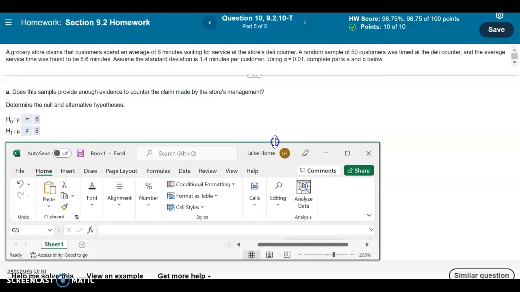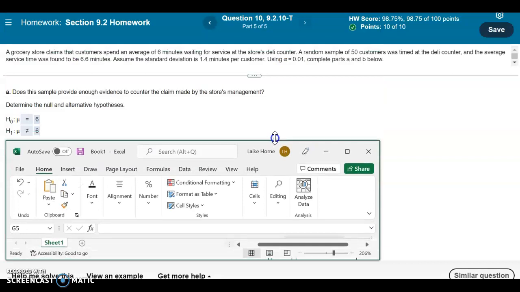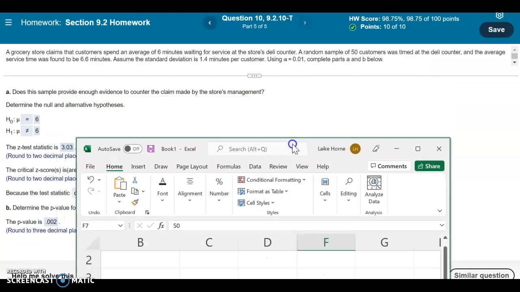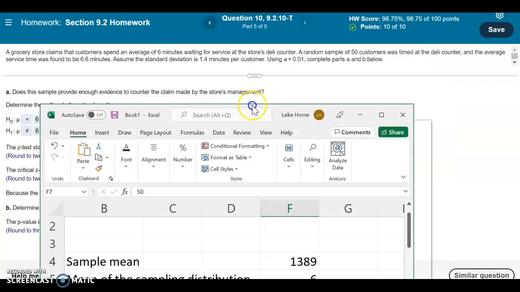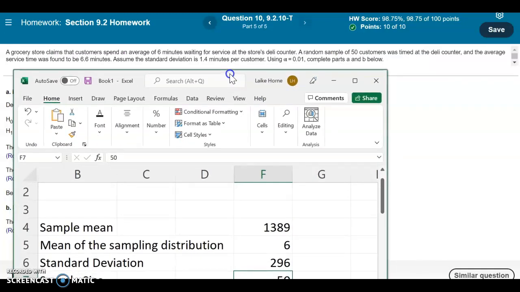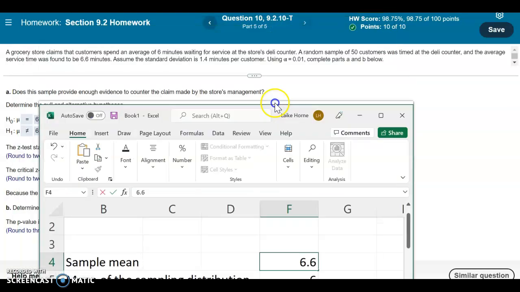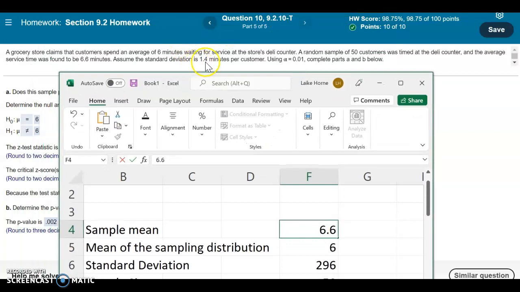And let's see, a random sample of 50 customers. So your sample is 50. The average service was found to be 6.6 minutes. So your sample mean is 6.6. Your standard deviation, it tells you, is 1.4.